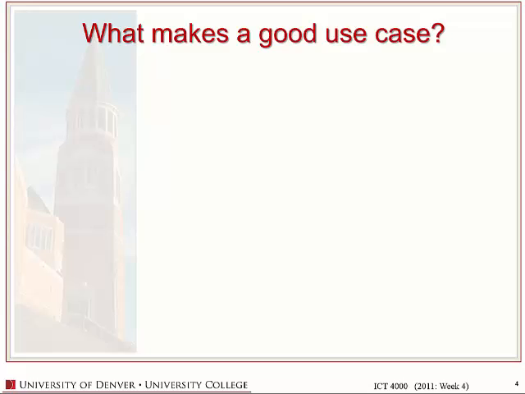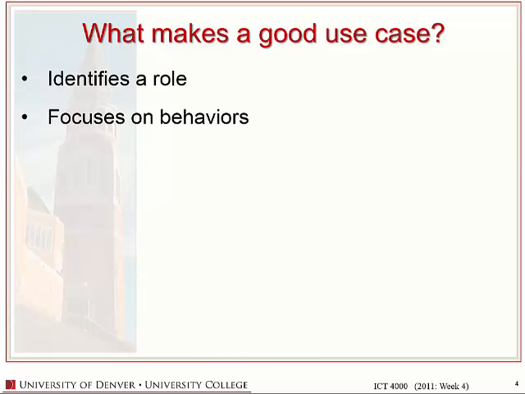So what makes a good use case? And we'll talk about each one of these in more detail. But first, you must identify a role. Then you need to focus on the behaviors, the specific actions that your user or customer will experience. And then the results. What benefit will your users or customers derive from each aspect of your strategic initiative as defined by the use case?